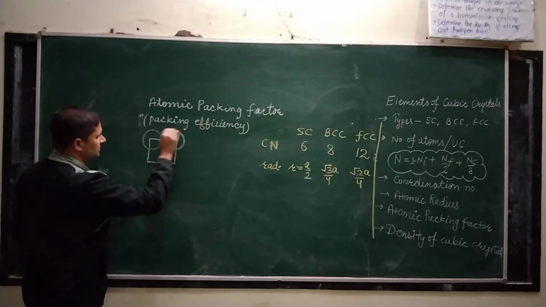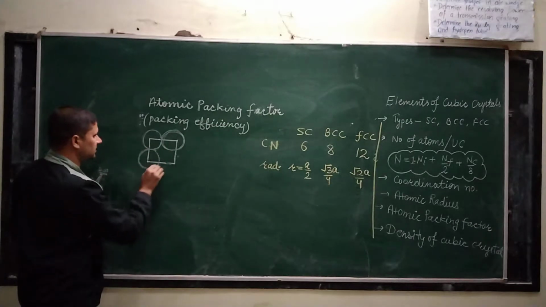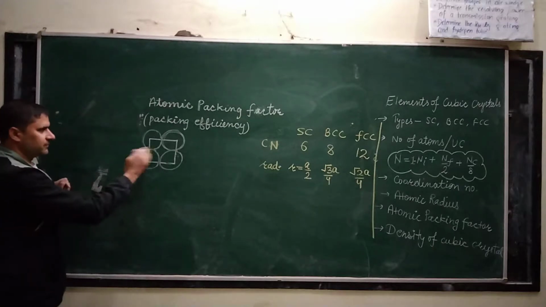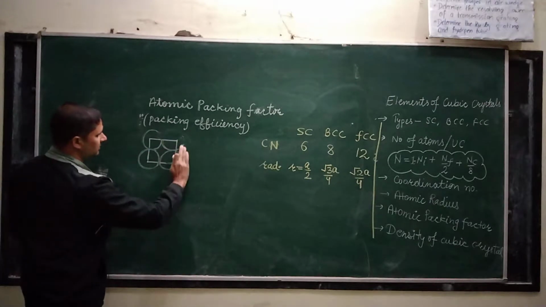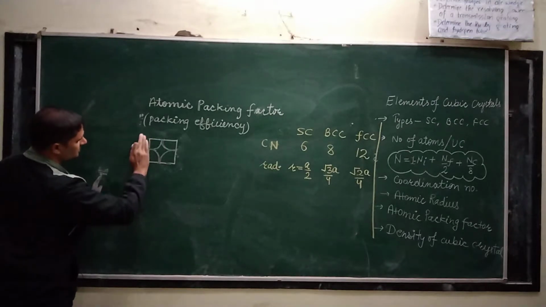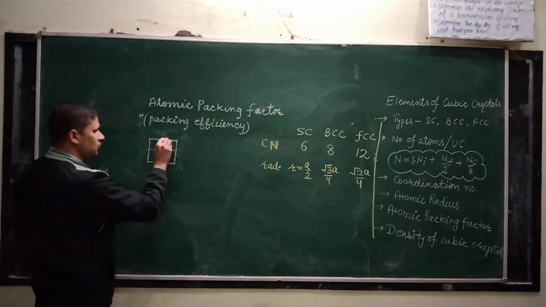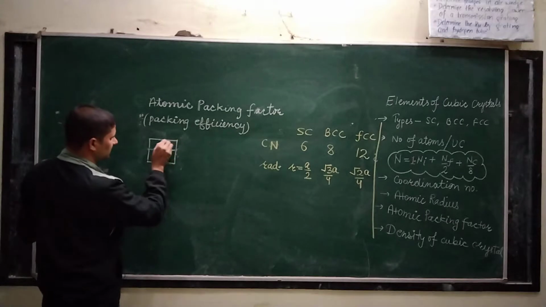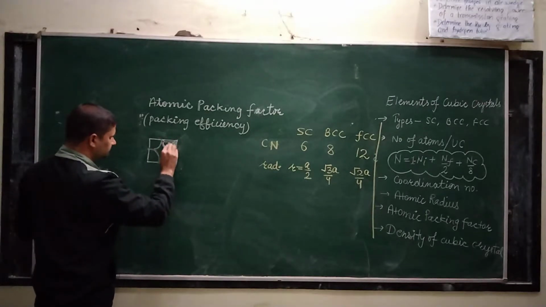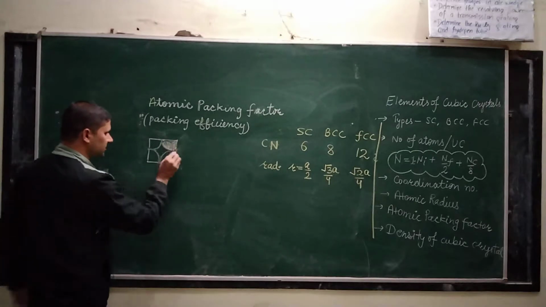So here you see the atoms are present at the corner, and for this face, you see this area is occupied by these particles. So here this is the occupied area.